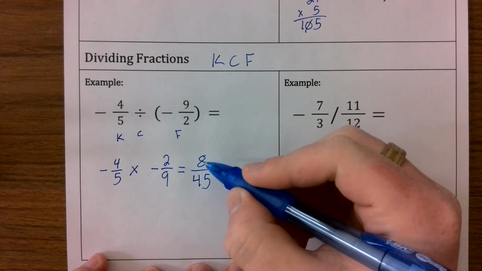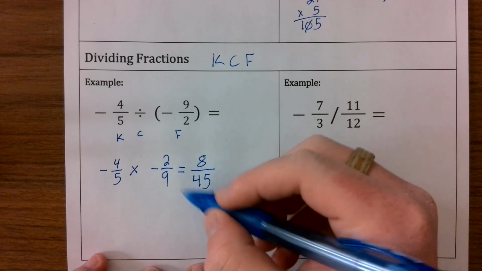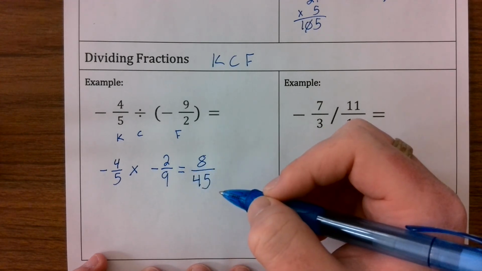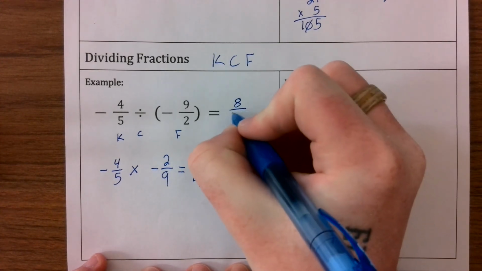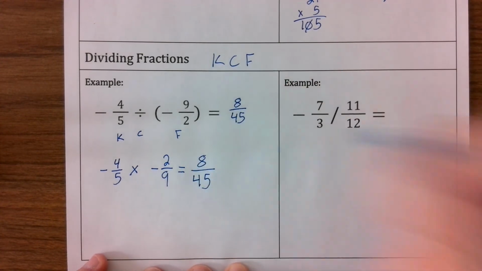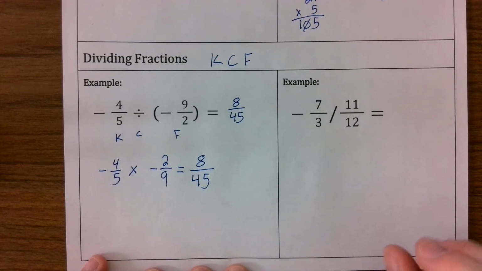The only factors of 8 are 1, 2, 4, and 8. 1, 2, 4, and 8 do not go into 45. Well, 1 does. So our answer is as simple as we can make it. 8/45ths, and it is positive because we had 2 negatives, same sign, positive answer.